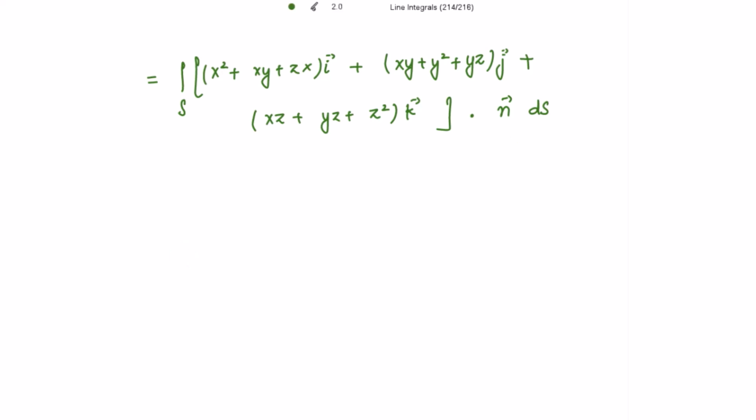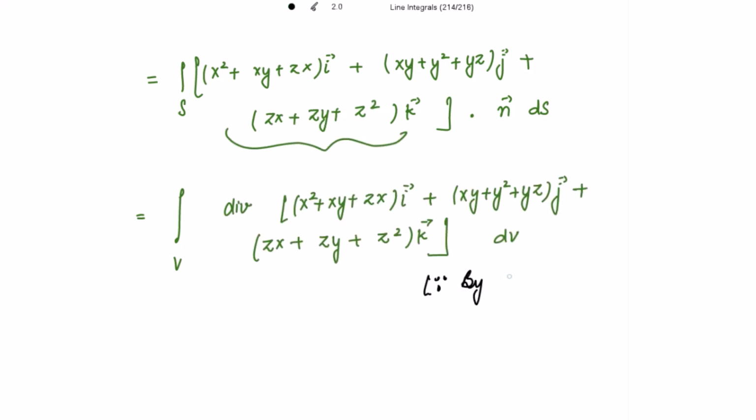So by Gauss's divergence theorem, this is equal to the volume integral of the divergence of this vector dV, and I can write this divergence as del dot of this vector.